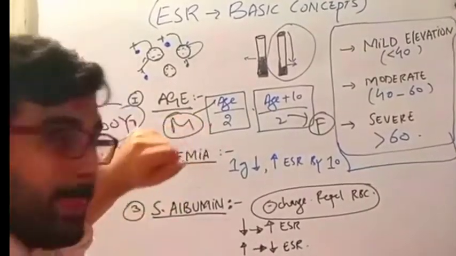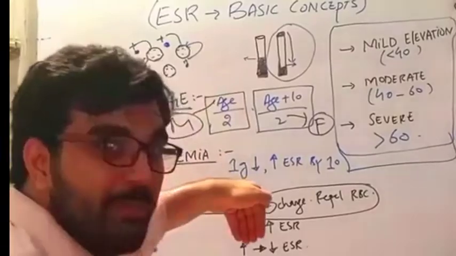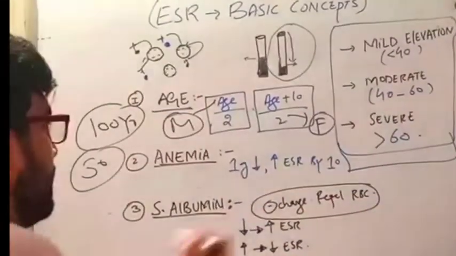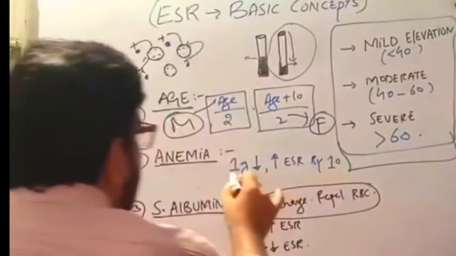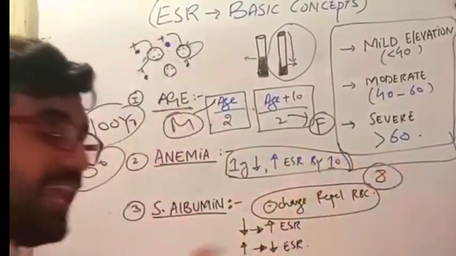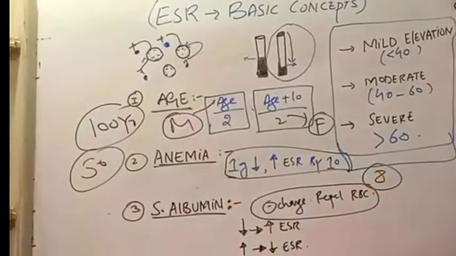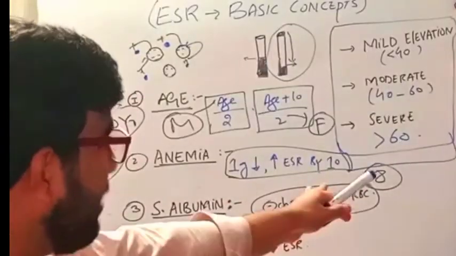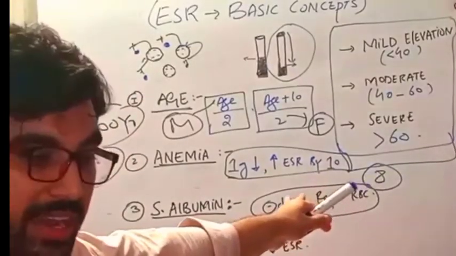For the anemia, 1 gram decrease in the hemoglobin increases ESR by 10. Now this is very important. Let's suppose, for example, a patient is having hemoglobin of 8. Now this 8 is decreased from how much? From the standard. Let's suppose the standard is 13 and the patient is having 8 hemoglobin. It means 9, 10, 11, 12, 13.